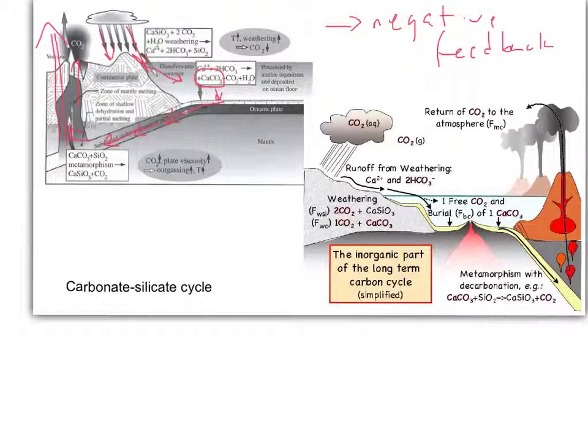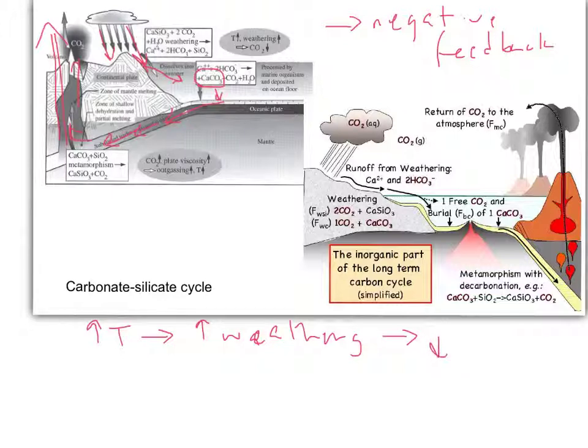Basically, with rises in temperature of the planet, so as the temperature increases, we know that that's going to speed up the hydrological cycle, it's going to speed up mineral weathering of rocks and so forth. So that increase in temperature is going to lead to increase in weathering, which is going to in turn lead to carbon dioxide being to some extent scrubbed from the atmosphere.